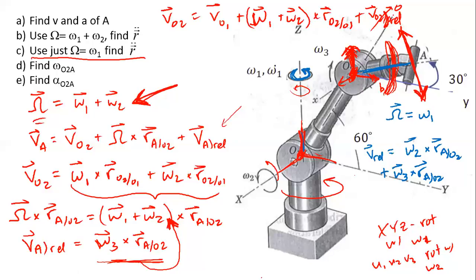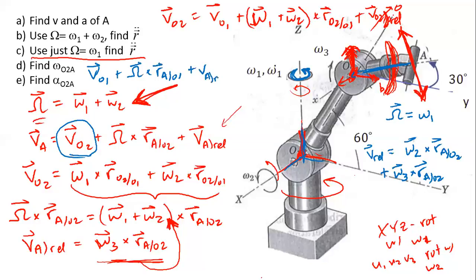Quick question on that. Yeah. So why is the omega 2 being crossed with RaO2 instead of RO1O2? So because I'm still using this as my reference point here. But you could have gone, if you want, you actually can, especially when you have axes that kind of coincide, you could go down if you want to VO1, right? So if you do this, the reason it's really easy to make mistakes when you do it, so that's why I usually don't go all the way back to here, but it is possible to do it.